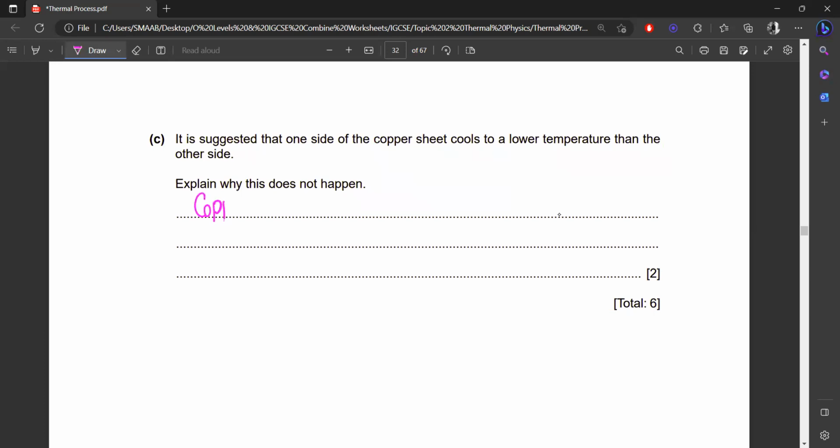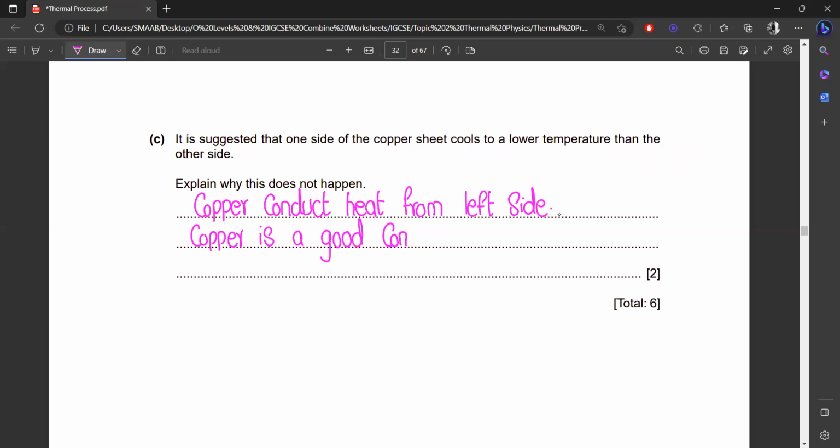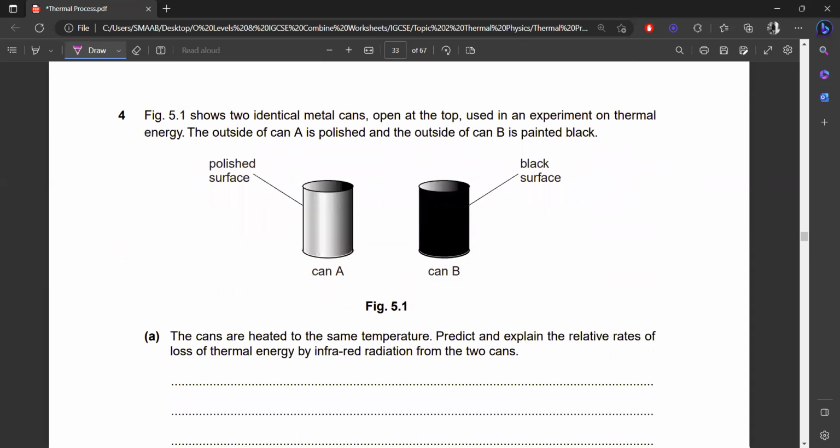So copper conducts heat from left side because copper is a good conductor, so heat will transfer quickly to it, right? Yes. Okay, question 4.